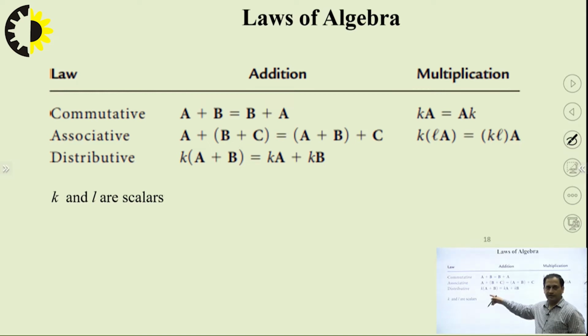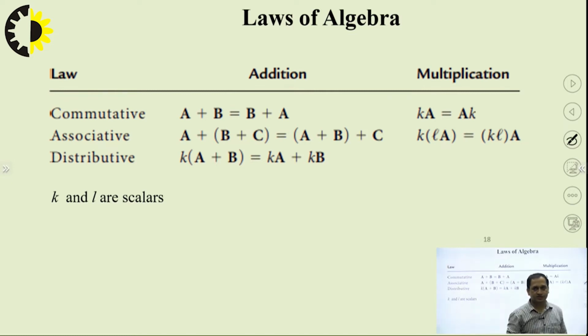Distributive, in that k is a scalar, and in that a plus b, when you multiply the scalar into this bracket, then we will get the same result. Then in the multiplication, k a is equal to a into k. Okay, so a is the vector, and k is a scalar quantity. Here as well, when we have the k scalar, l scalar, and we multiply with the a, in that case k l into a.